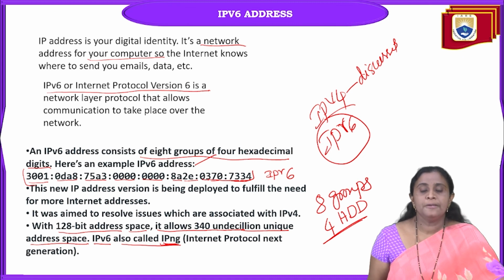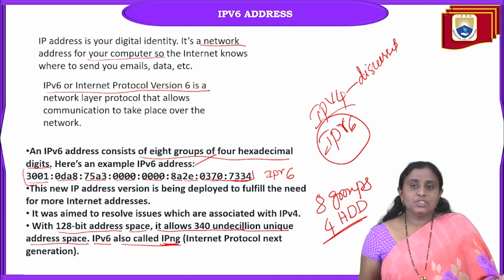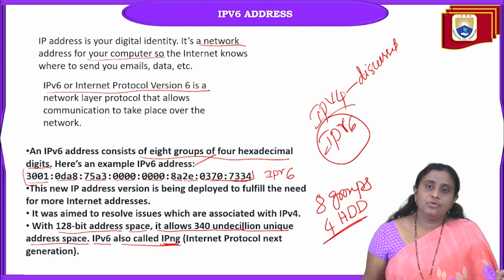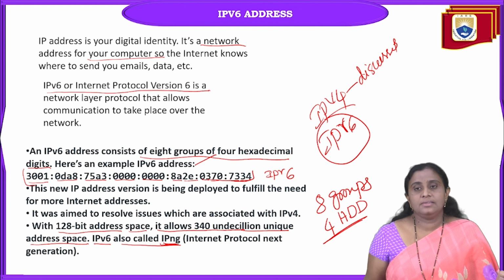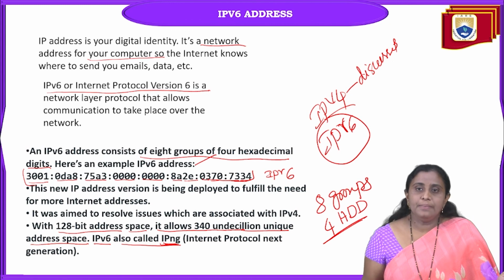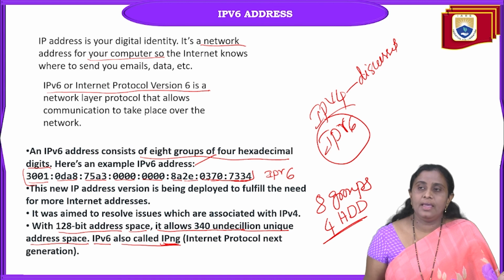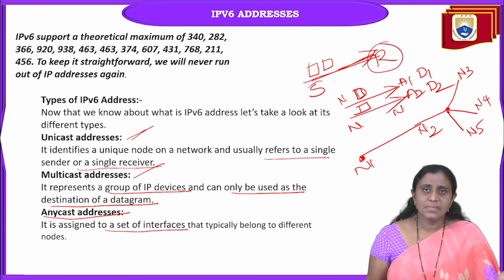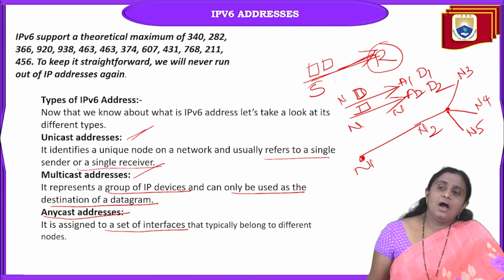IPv6 is meant for resolving the issues associated with IPv4, and it consists of 128-bit space. It allows 340 undecillion unique addresses. IPv6 is also called IPNG, Internet Protocol Next Generation.